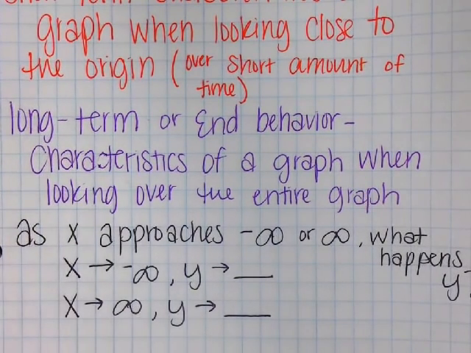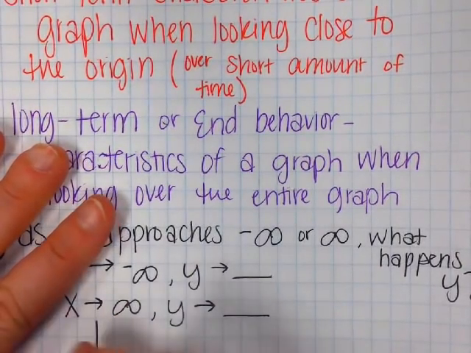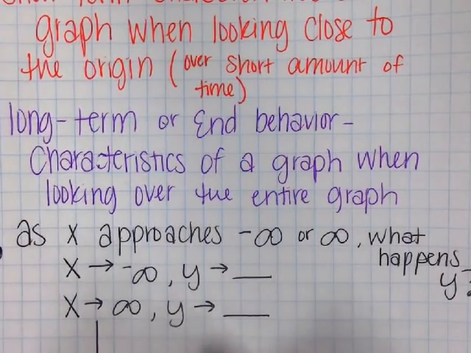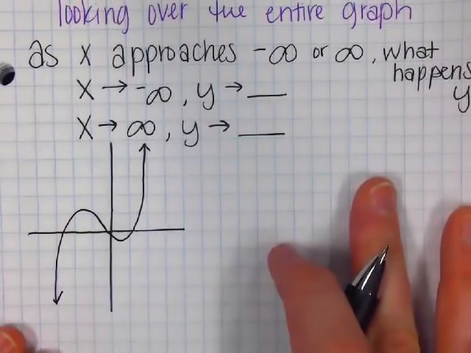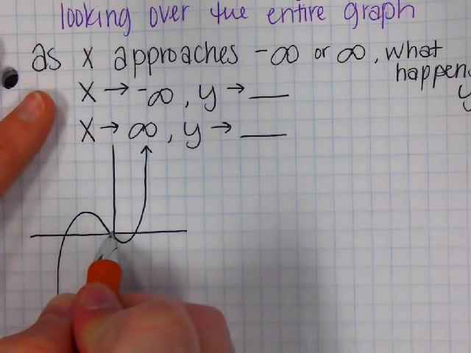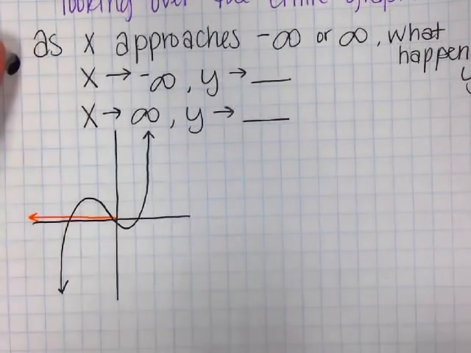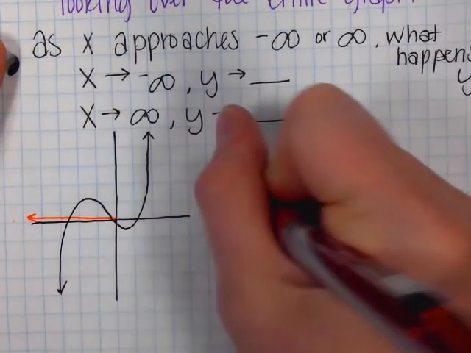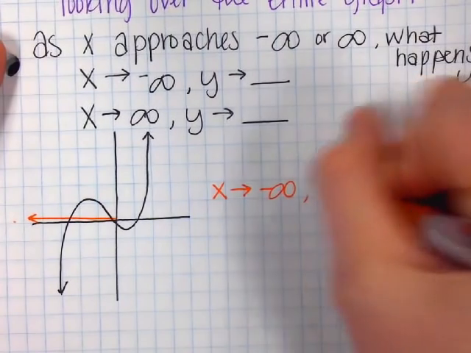So if you look at a graph that looks like this, as x approaches negative infinity, you always start at the origin and move towards negative. So as x approaches negative infinity, what are the y values doing?